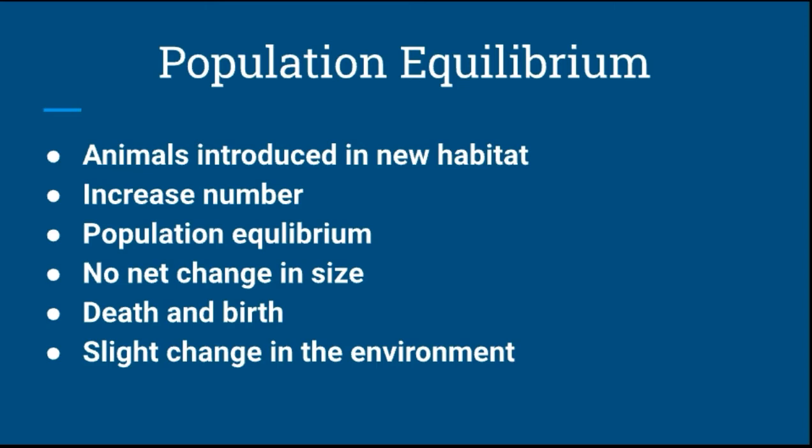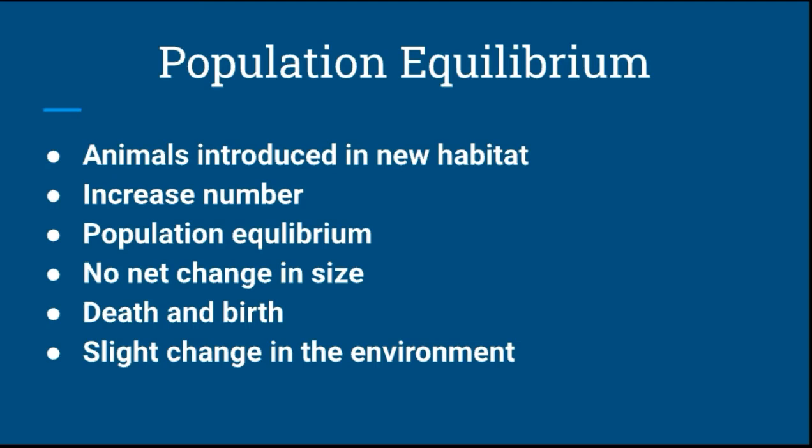That is the fluctuating equilibrium. If the changes are great, the population declines, resulting in extinction. Slight changes are tolerable for the population, which goes above and below but does not go extinct. That is the idea about population equilibrium.